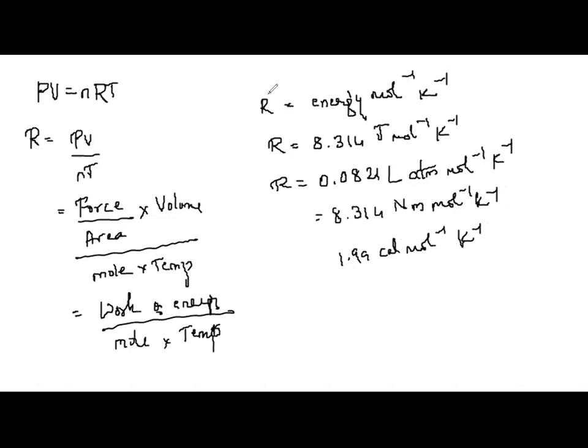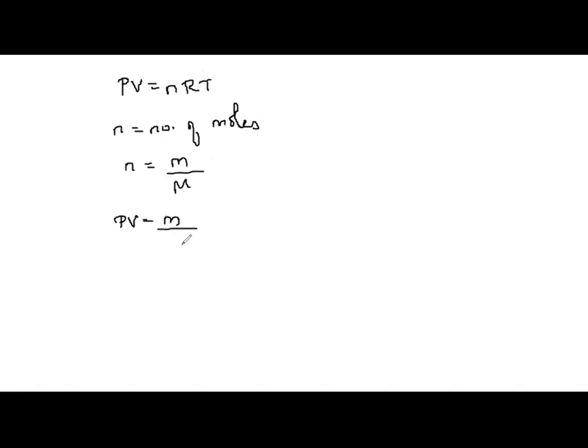Even we can express this equation differently. PV = nRT is the ideal gas equation, correct? What is n? It is the number of moles, and we know that number of moles is equal to given mass upon molar mass. Substitute it. Therefore, I can write PV = (given mass upon molar mass) RT.